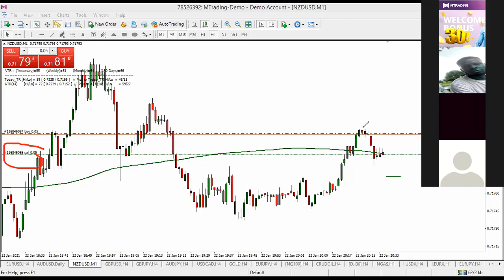This is the price the broker was willing to give me if I want to buy this currency, and when I wanted to sell, this was the price. The difference between the bid and the ask is called the spread. That's what brokers make as their own revenue.